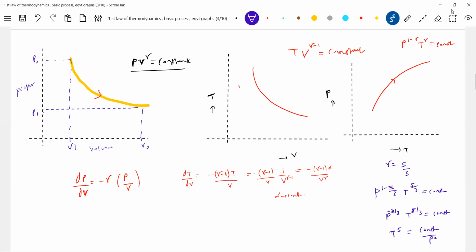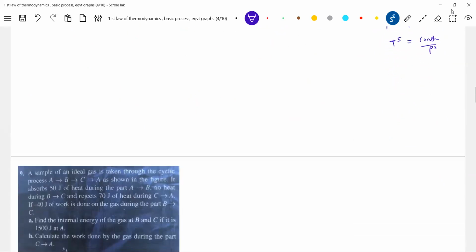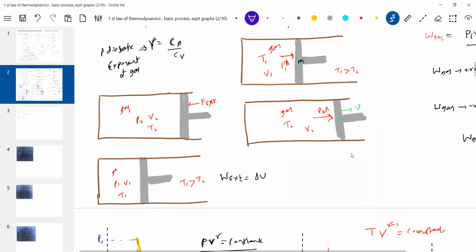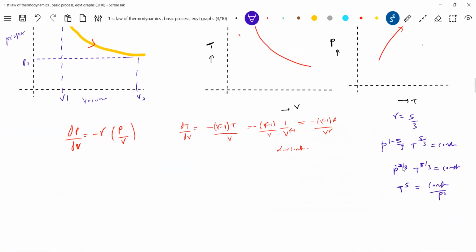Let's take the constant into P squared, so T to the power of 5 equals a constant into P squared. Okay, I'll rewrite it here.